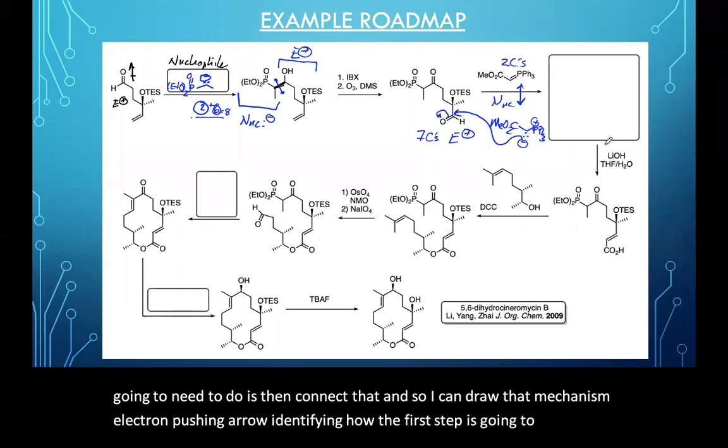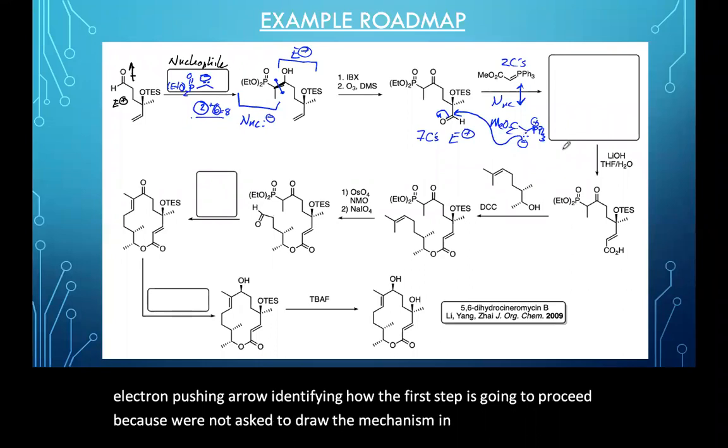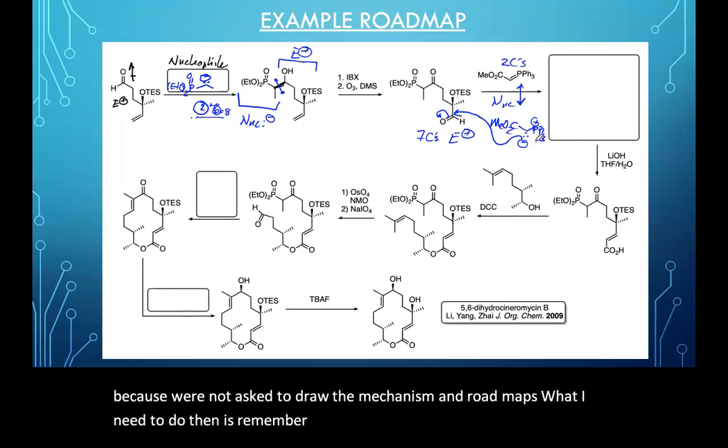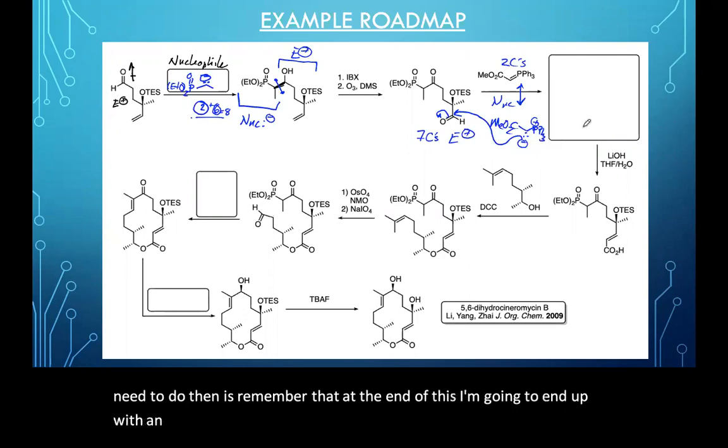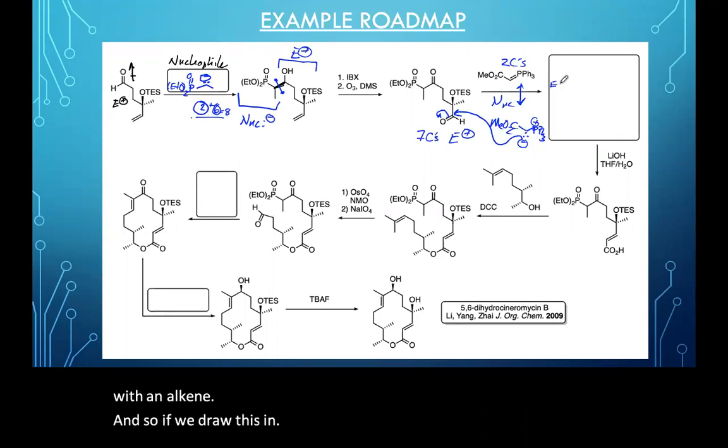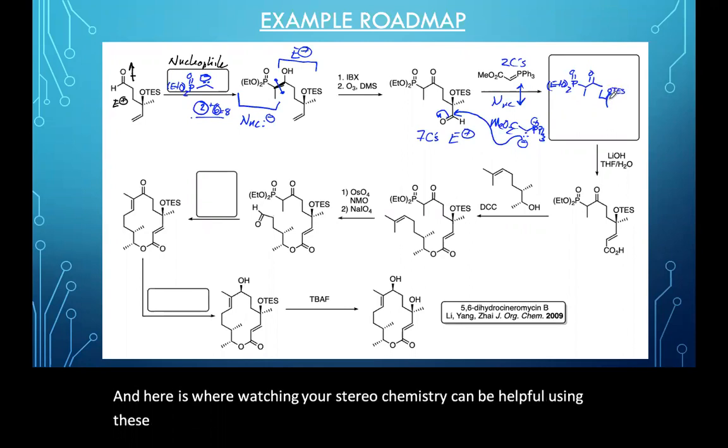Because we're not asked to draw the mechanism in roadmaps, what I need to do then is remember that at the end of this, I'm going to end up with an alkene. And so if we draw this in, I'm going to draw, and here's where watching your stereochemistry can be helpful. Using these as labels is quite useful.